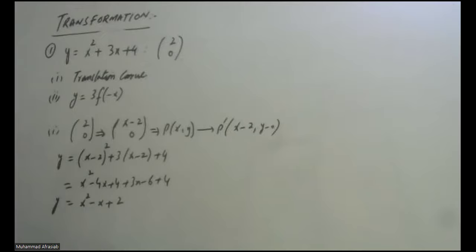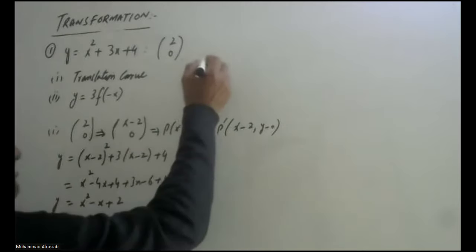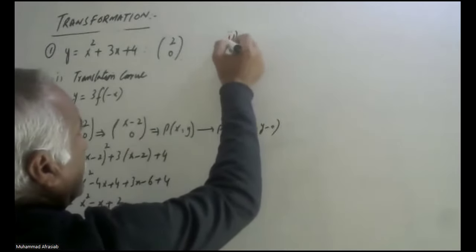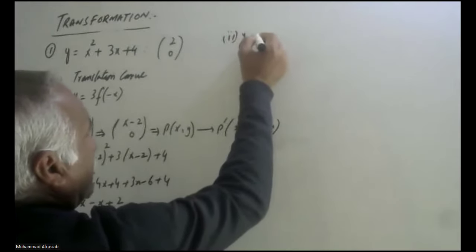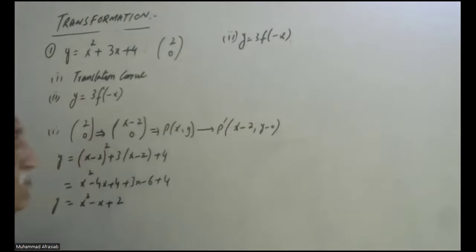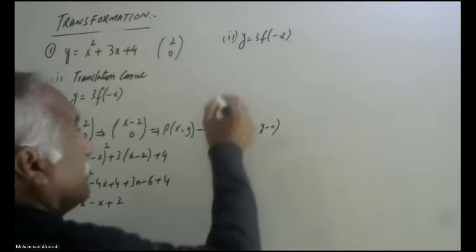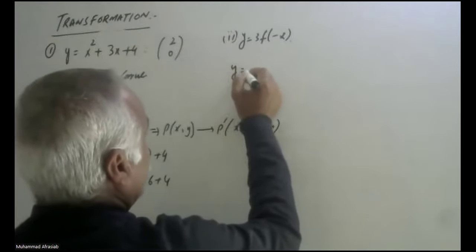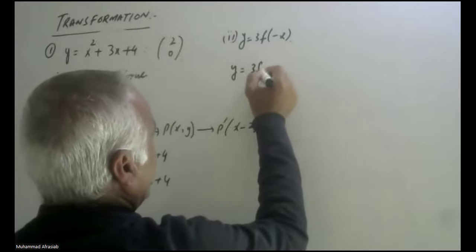For the second part, y equal to 3f of minus x. Here they are going to use two transformations one by one. First of all, let's say y equal to 3f of x.